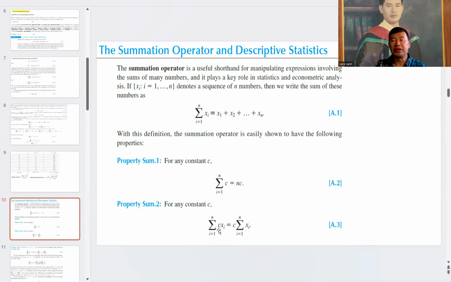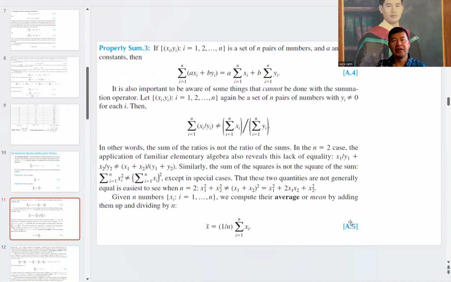And what about summation c x_i? For example, like 2x plus y, 2 multiplied by x plus y. So you can write c multiplied by x_i, or c multiplied by summation i = 1 to n of x_i, like this. Move to another slide.